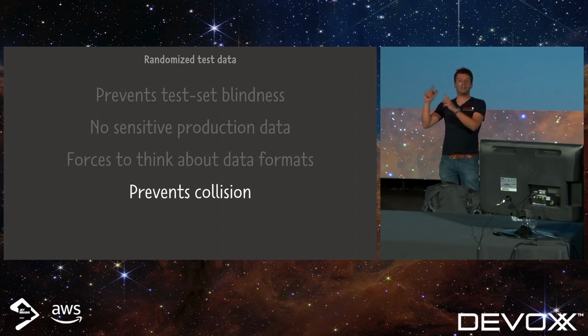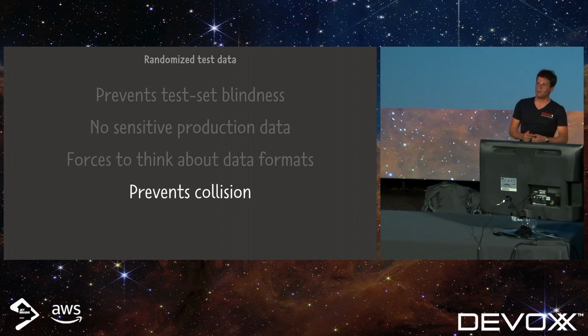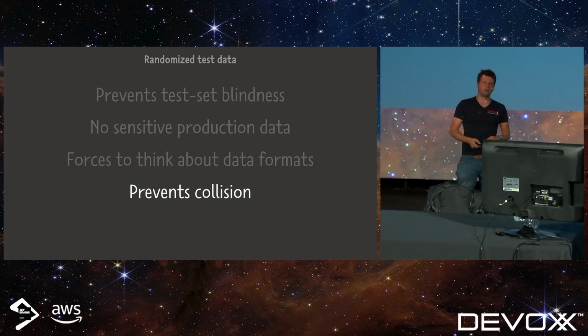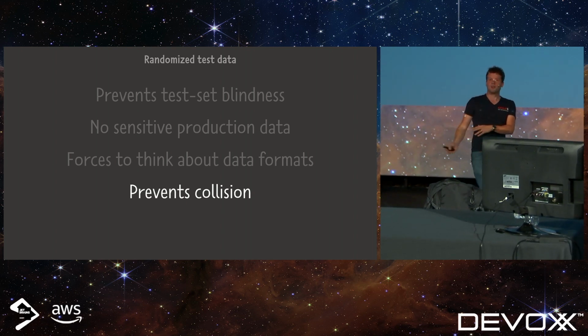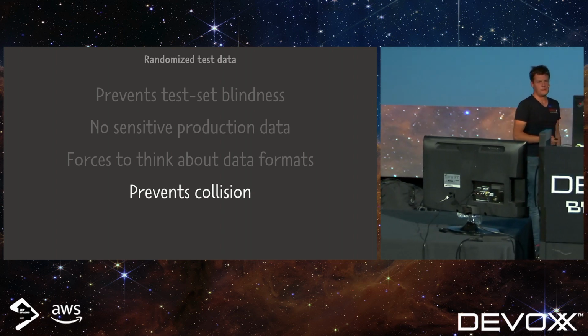And if you have the same data over and over again, you either run into collisions that are blowing up your test, which are the easy ones, or even worse, collisions that you didn't notice, where two tests use the same data without you knowing it. But if you generate different identifiers and different data every time, you will not have that problem.